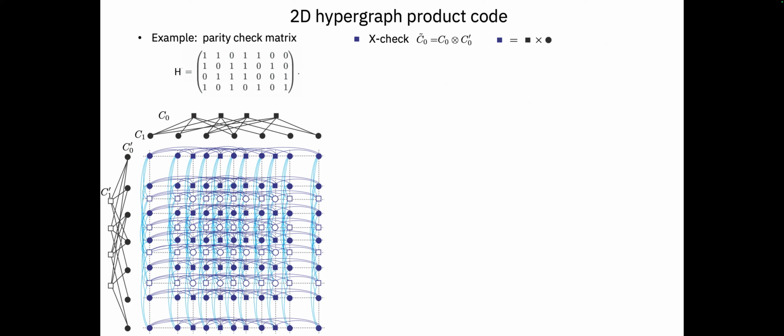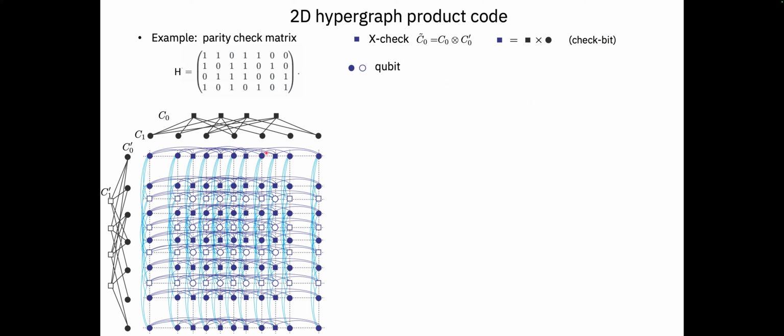So for the second code, we use a different definition, that the zero cell is the bit, and the one cell is the check. In any case, you have a combination of the check and bit from the original classical codes that gives rise to the X check, which is the blue square on the quantum code.